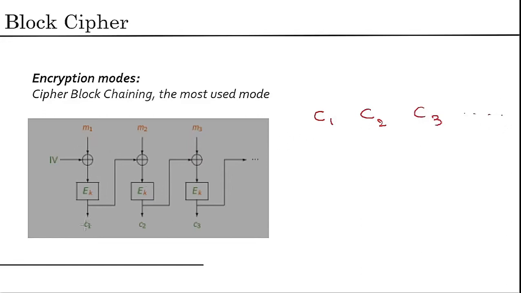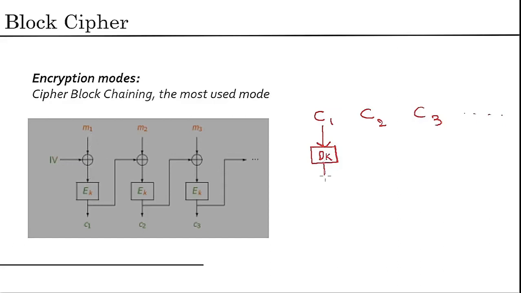We notice that C1 was the result of the encryption algorithm, so we use the decryption algorithm, DK. This will give us something, but it won't give us M1, because M1 was not sent directly to K. It was XORed first with IV and then it was sent.